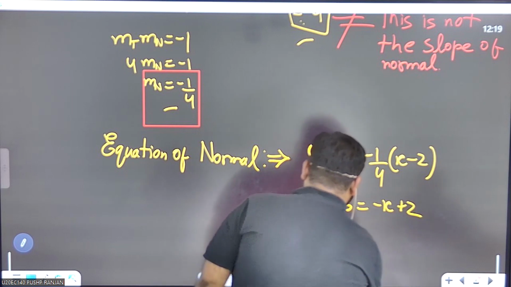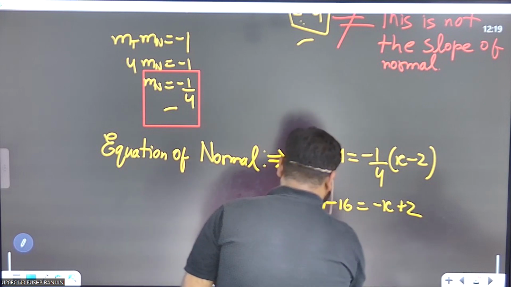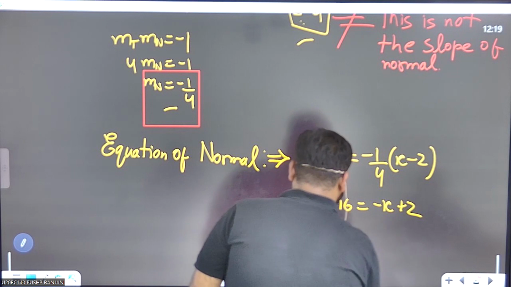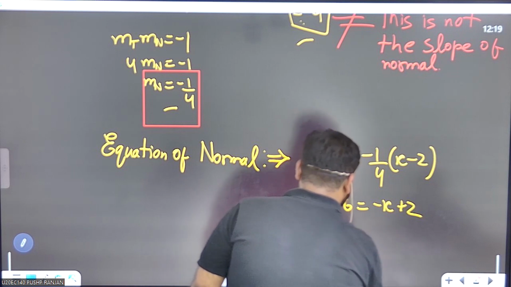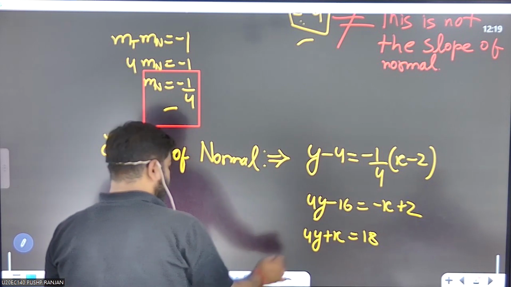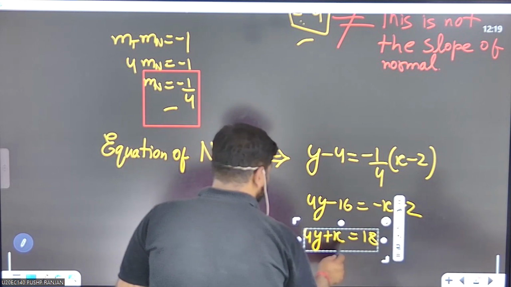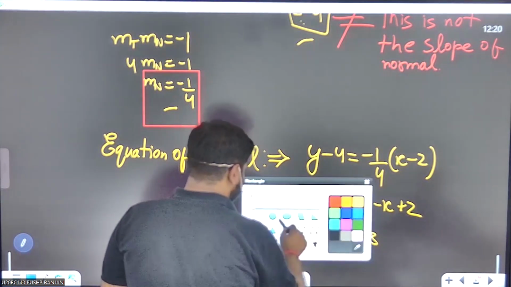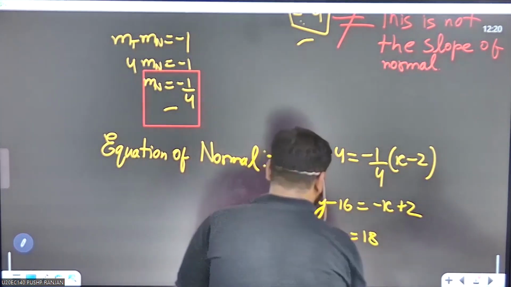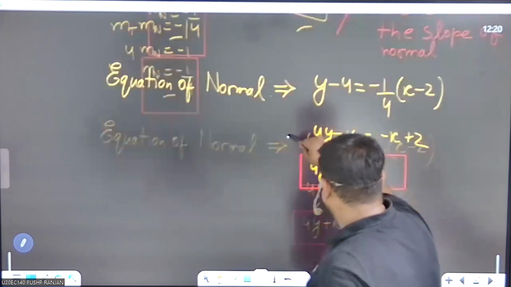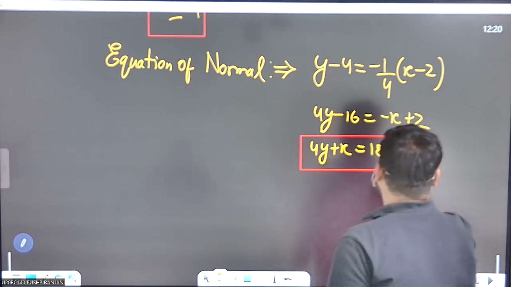Then finally we get 4y plus x equals 18. This is nothing but the equation of normal. We get the answer. This is our desired answer.